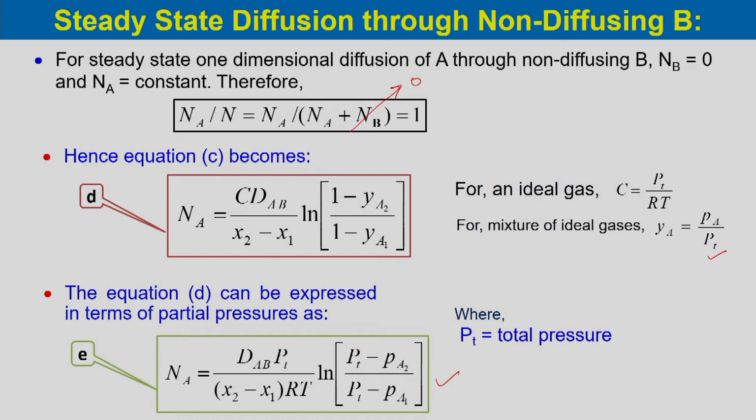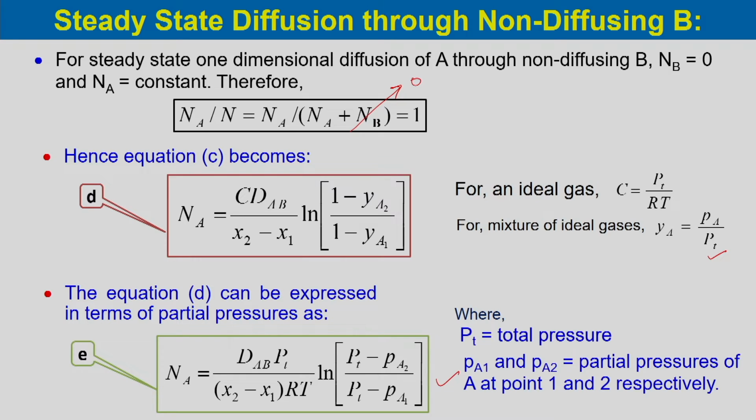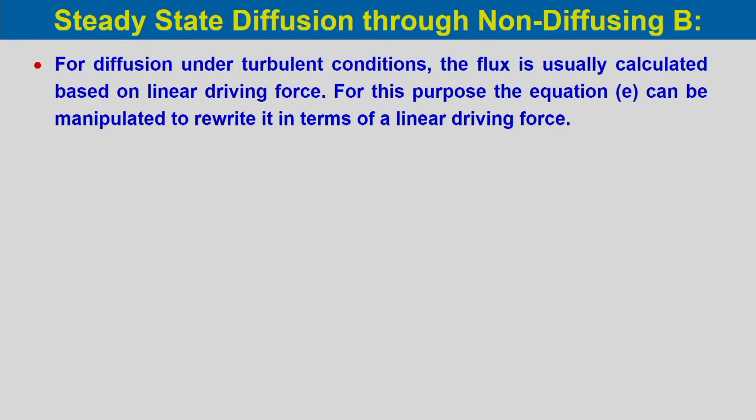where Pt is the total pressure, Pa1 and Pa2 are the partial pressures of A at points 1 and 2 respectively. For diffusion under turbulent conditions, the flux is usually calculated based on a linear driving force. For this purpose, equation E can be manipulated and rewritten in terms of a linear driving force.